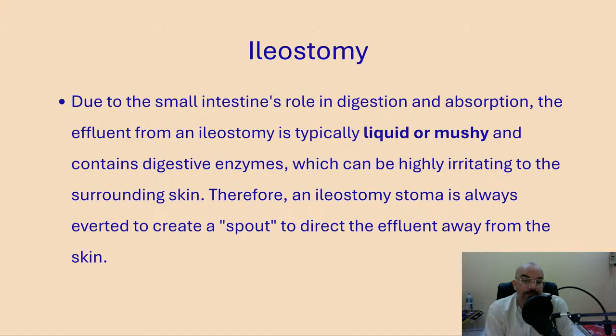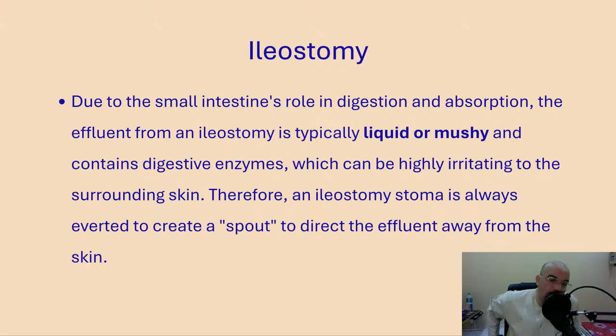Now, the role of the small intestine is much more complicated compared to the large intestine in the digestive process, or the physiology of digestion. The small intestine in digestion contains absorption and digestion.